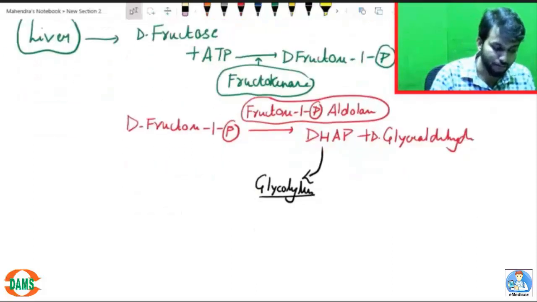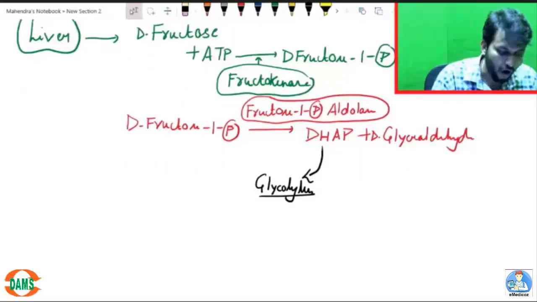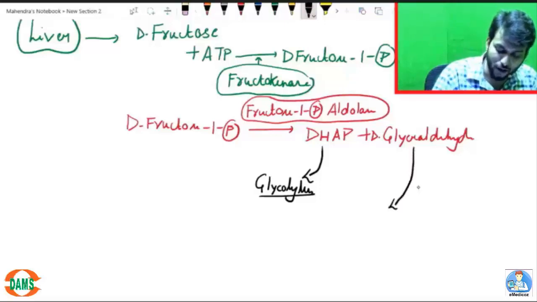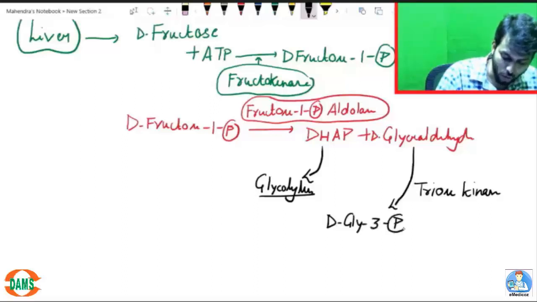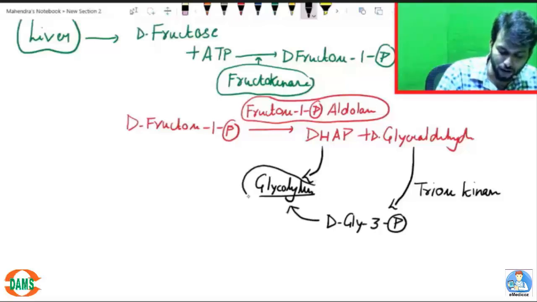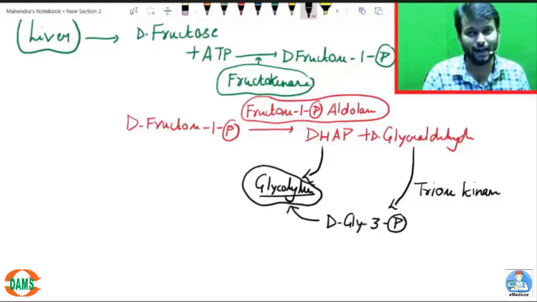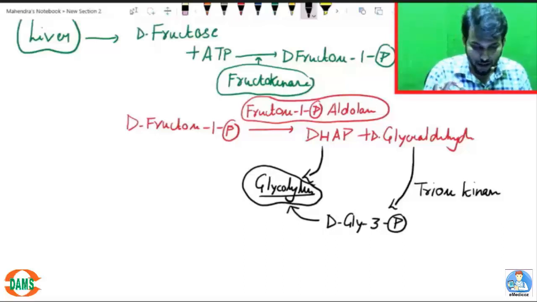So there must be a conversion of D-glyceraldehyde with the help of triose kinase into D-glyceraldehyde 3-phosphate, and this is going to enter into the process of glycolysis. So how fructose enters the process of glycolysis, we have described in this particular slide.